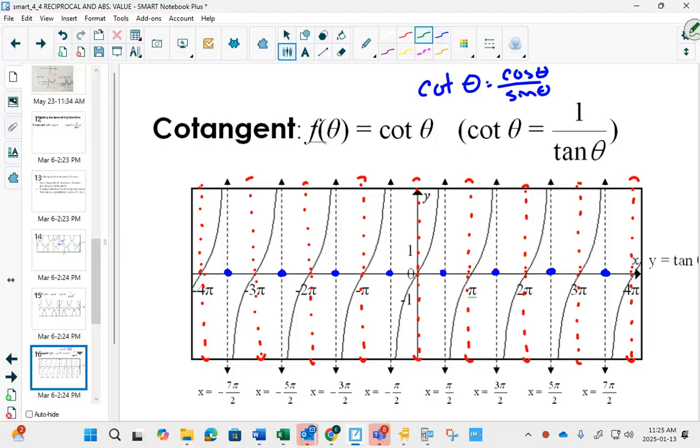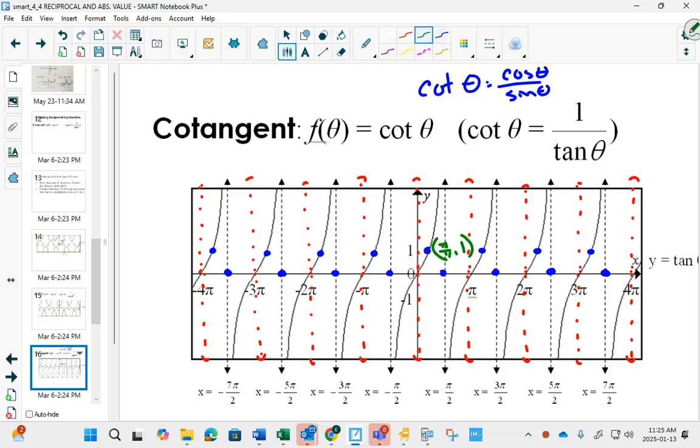A very nice point to have used on your original graph would have been pi over 4 comma 1. Because if you did the reciprocal, you would get 1 over 1. Does it make sense that we would have that point on our cotangent graph as well? In fact, wherever your y-coordinate is 1, cotangent would be the same.